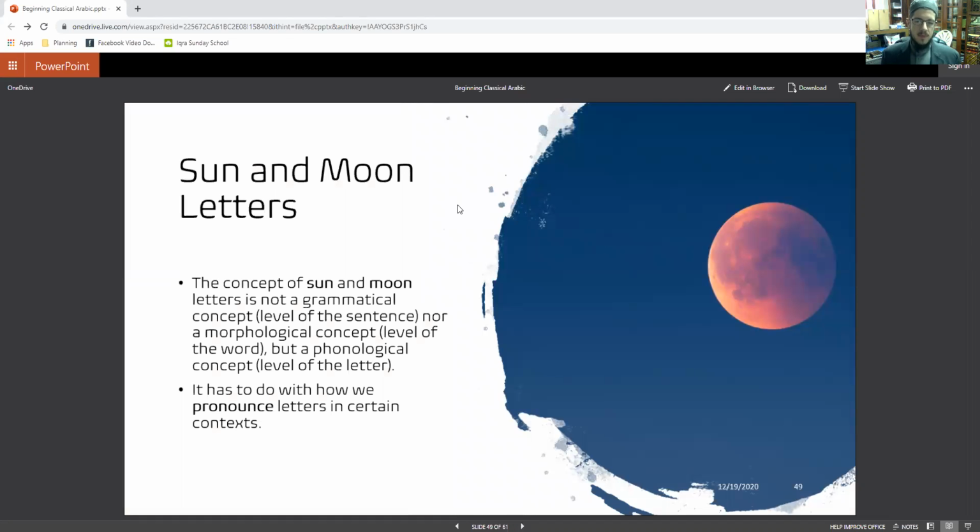Okay. Now, whenever you study any language, you're studying it at different levels at the same time. There's a certain level of study that happens at the level of the entire sentence, right? This is what's known as grammar. Wondering, what word do I put first?